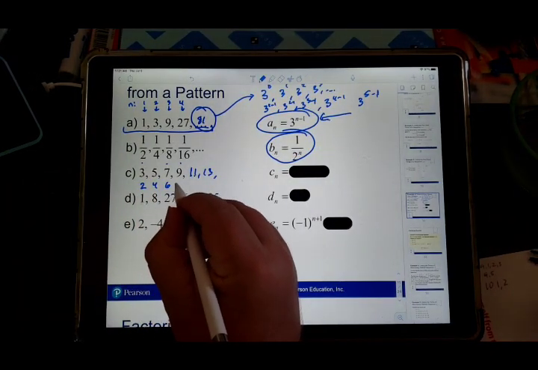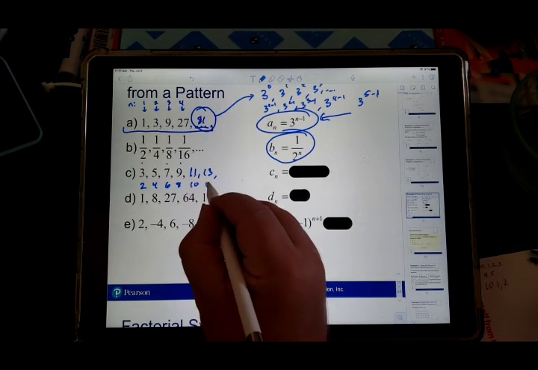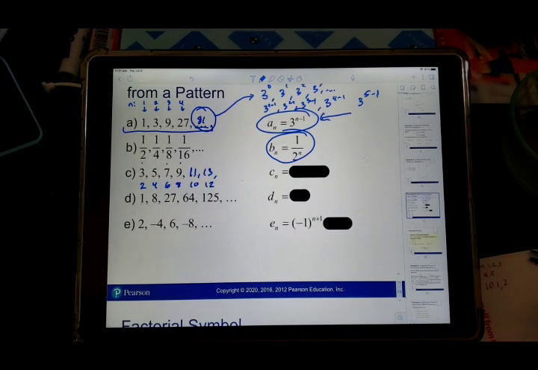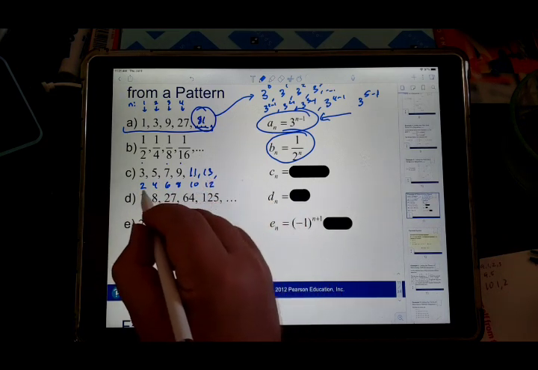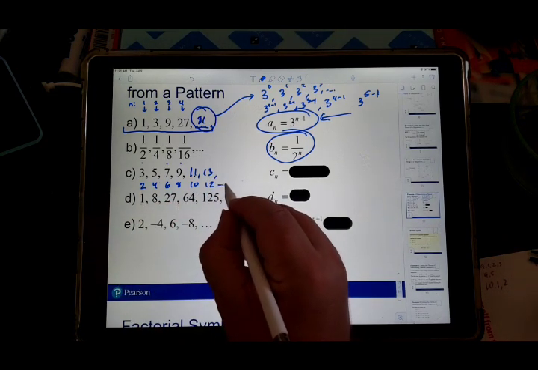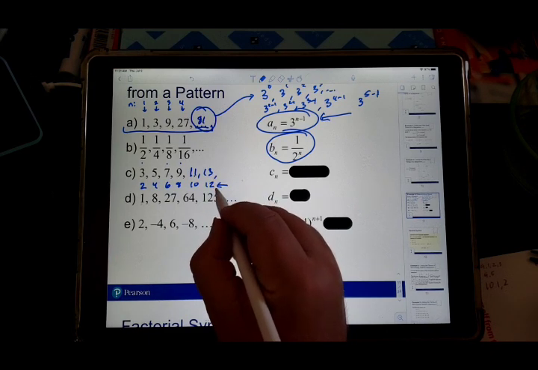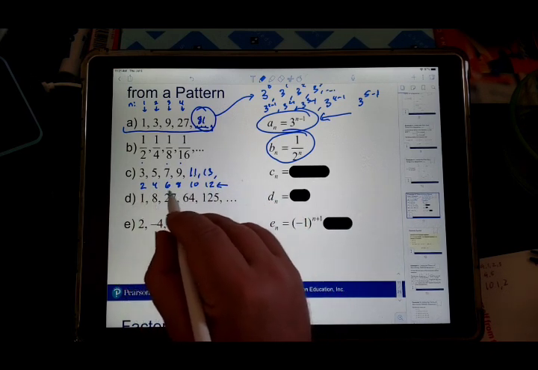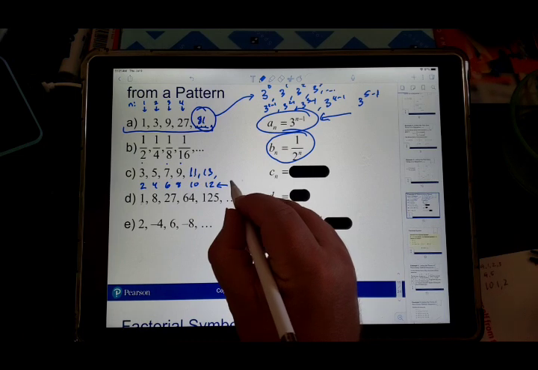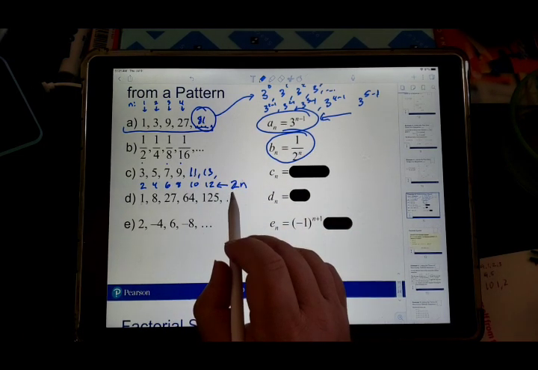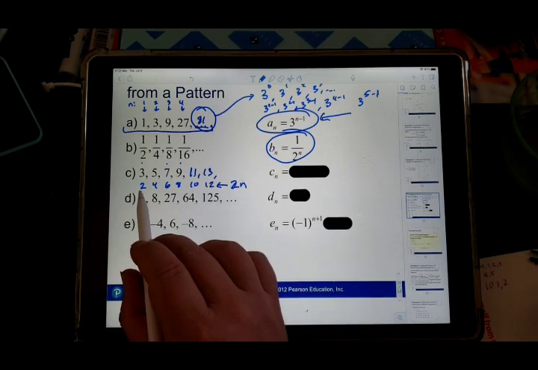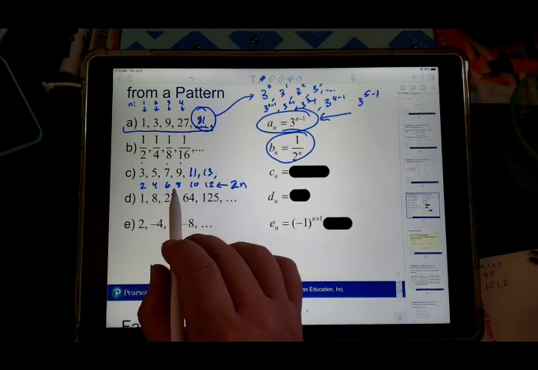2, 4, 6, 8, 10, 12. You've probably known that pattern since you were 4, 5, or 6. And the way I would describe this pattern using our notation, it's not the one we want, but it's pretty close, right? It's off by 1 every time. I describe that as 2n. It's 2 times 1, 2 times 2, 2 times 3, 2 times 4.